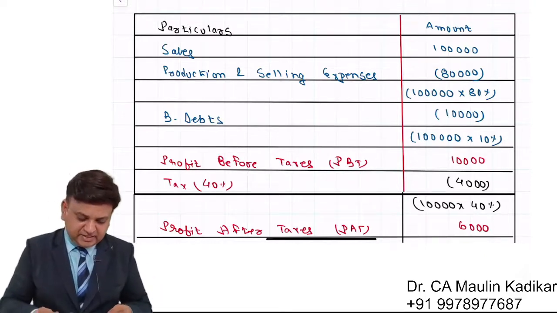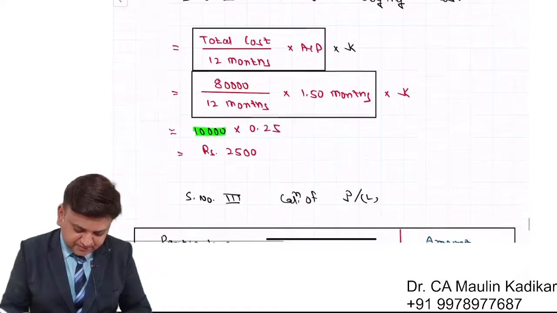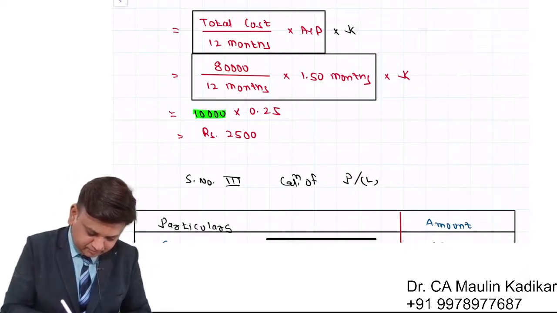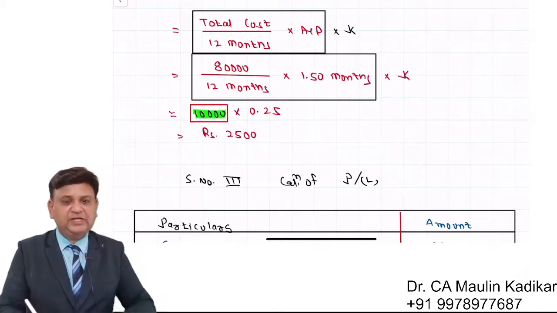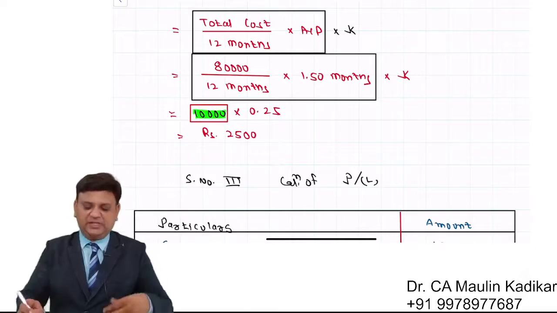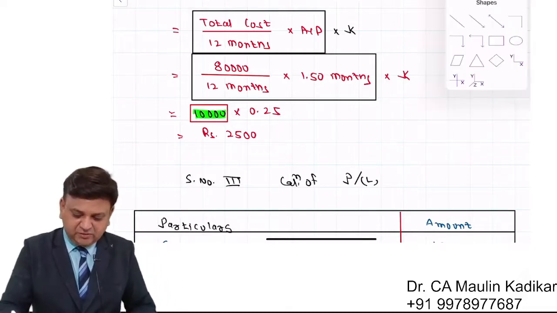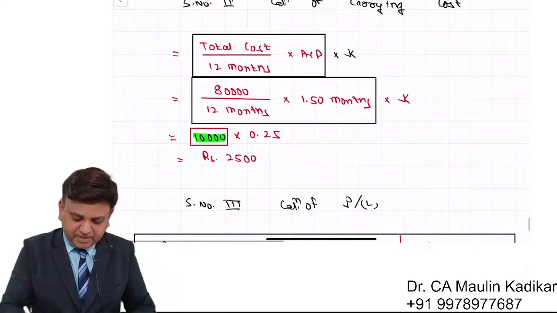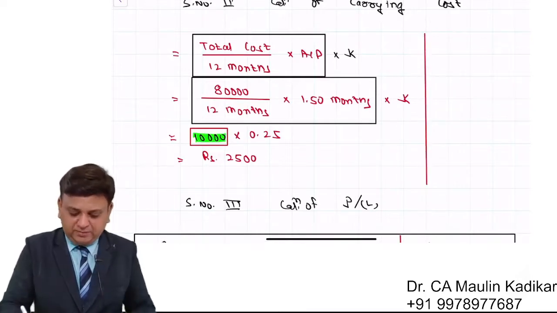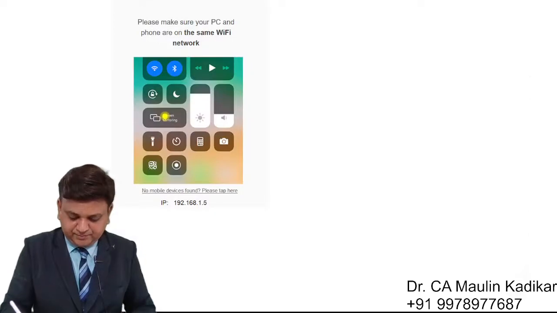So we understand that if at all we sell goods to this customer, we have to invest an amount of rupees 10,000. Instead of selling goods to this customer, if I would have invested the fund somewhere else, then in that case, what I would have earned, the question says like this, you will have some amount of the profit before taxes.